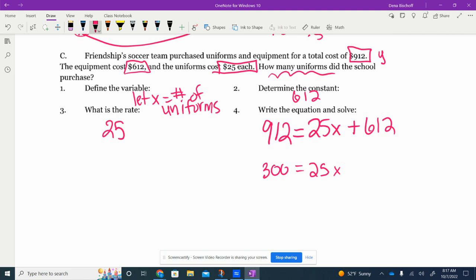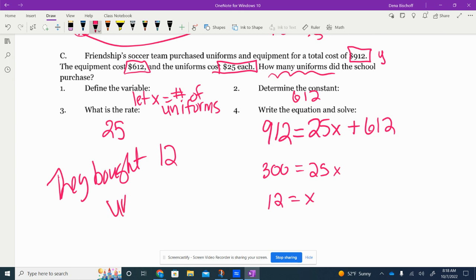Let's see, 25 goes in 100 4 times. So 4 times 3 is 12 equals x. So they bought 12 uniforms. They bought 12 uniforms. All right.